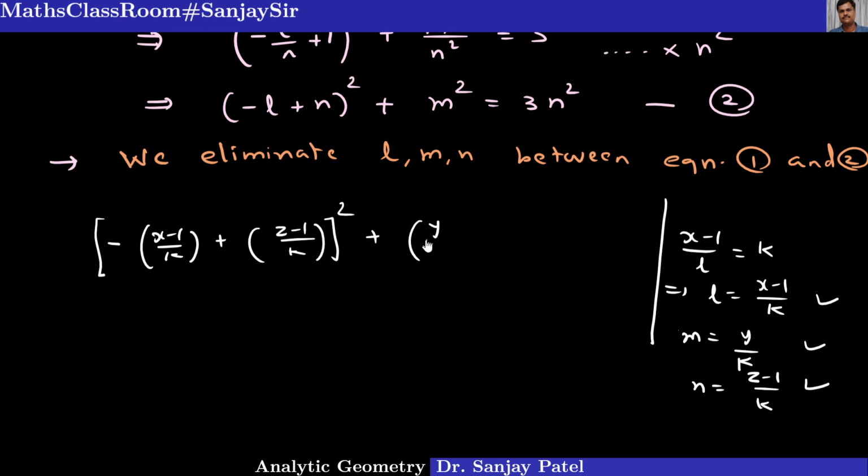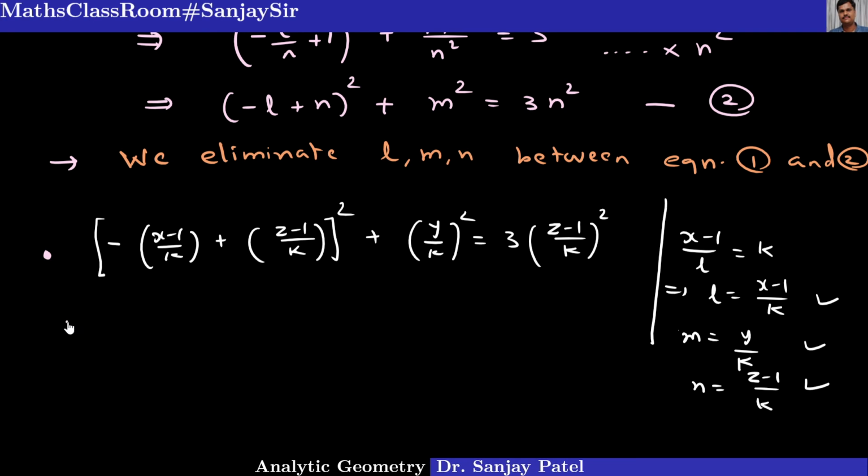M is y upon k whole square, and n is again z minus 1 upon k whole square. Okay, so you can eliminate like this the values of L, m and n. But remember, we can omit this step in practice. No need to write this step.